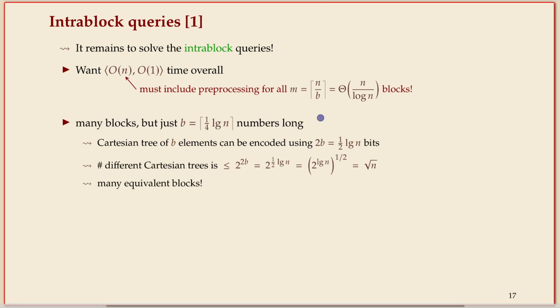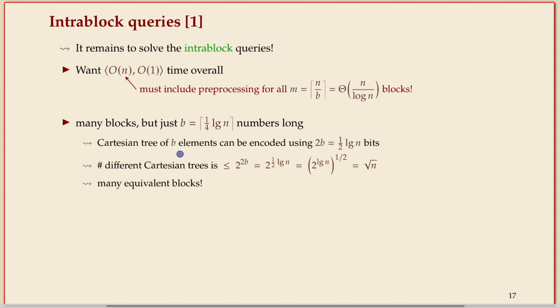The trick why this is at all possible is that each of these blocks is really short, namely roughly so many numbers. If we build a Cartesian tree for each of the little blocks, there are only so many ways that this Cartesian tree can look.